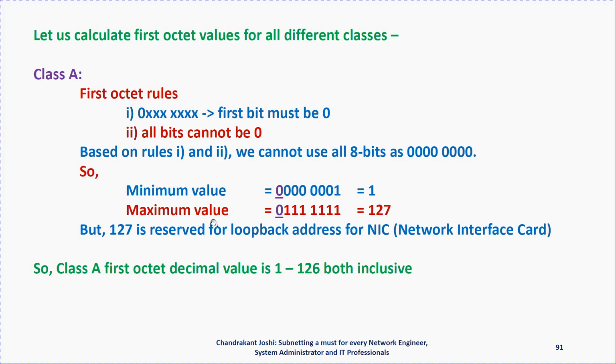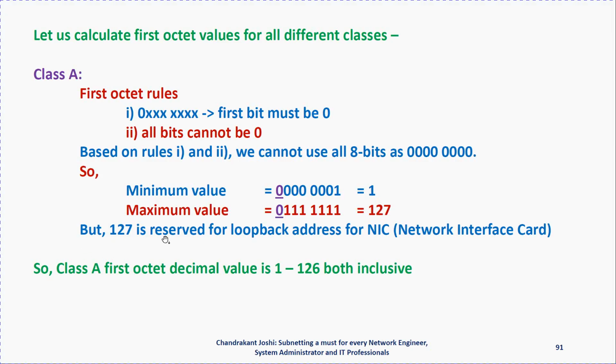Likewise to find the maximum value we have to turn the remaining 7 bits on, because we get the maximum out of it. This 0 is according to the rule. Now this is the new binary. When we convert this binary into decimal, it becomes 127. So we can say that the class A range is from 1 to 127.